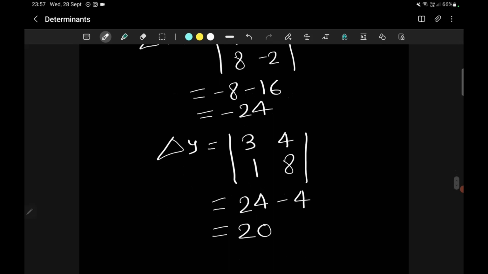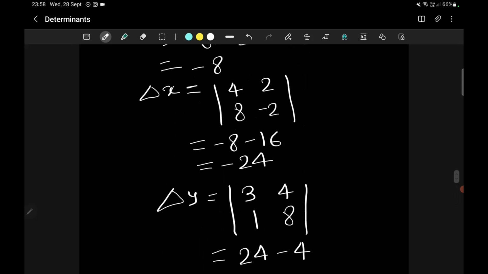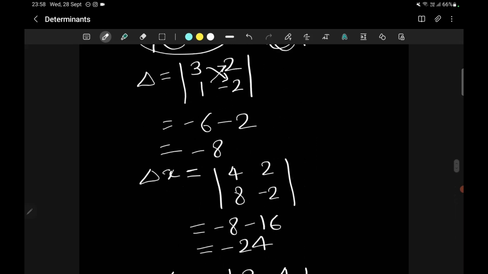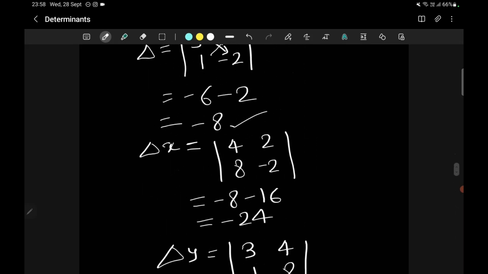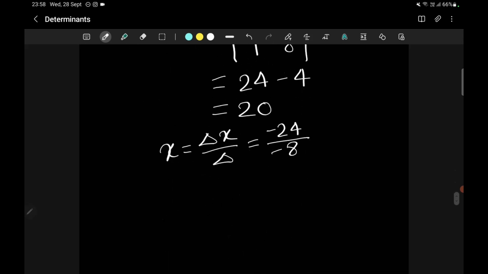Now we have to find x and y. To find x, there is one formula, that is delta x divided by delta. Our delta x is minus 24 divided by our delta, which is minus 8. This will be 3.